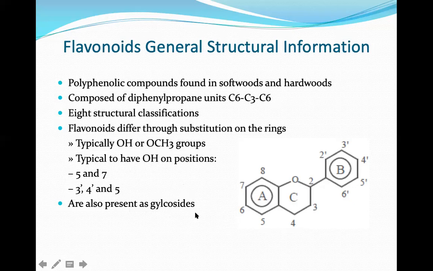What are glycosides? If a flavonoid contains glucose or any other sugar, it is called a glycoside. So a hydroxyl group can be substituted by a glucose molecule, and they can be glycosidic flavonoids.